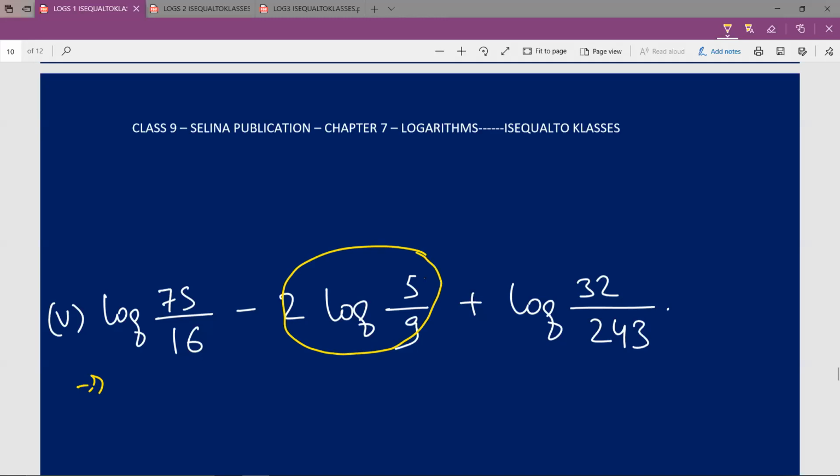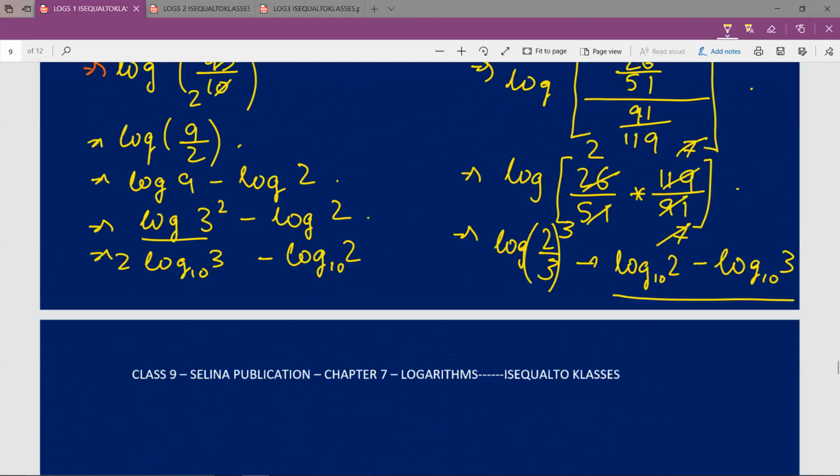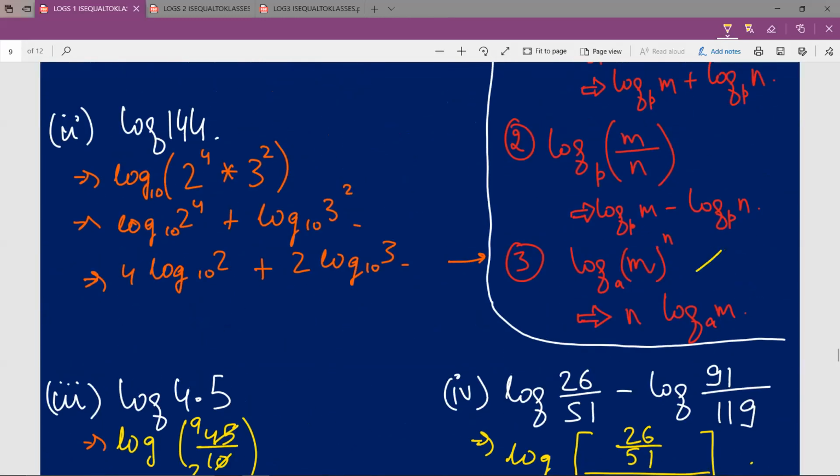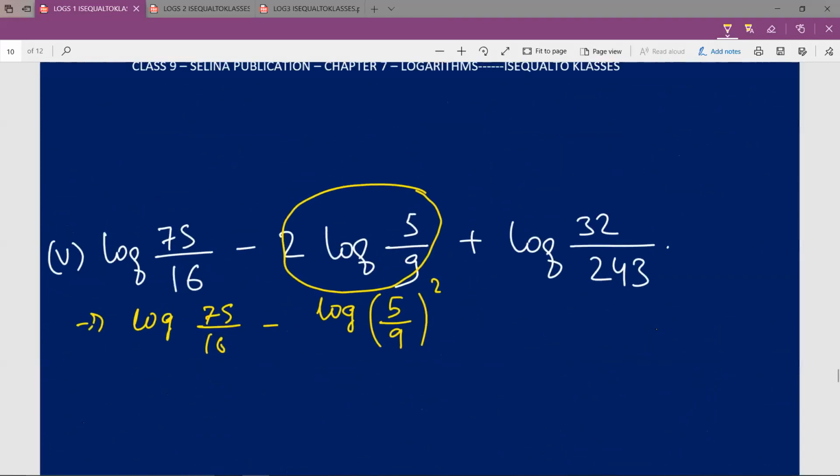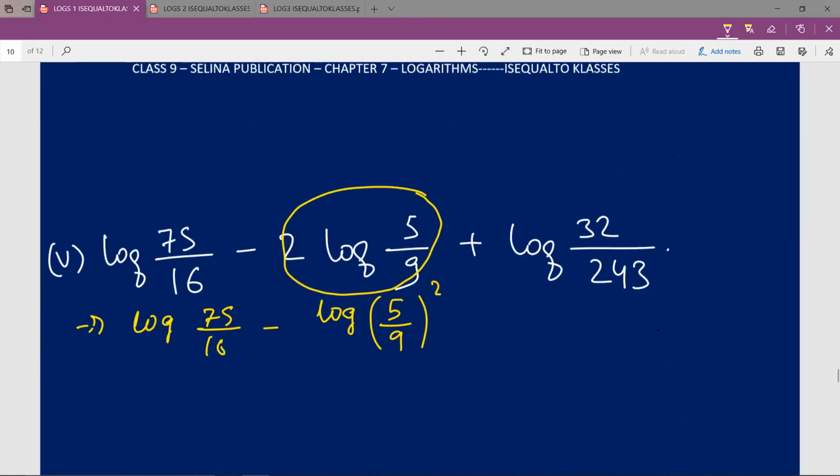Now over here, in the rest of the values, log of 75 upon 16 and log of 32 upon 243 don't cause much of a difference. But over here it is mentioned 2 log 5 upon 9. So 2 log 5 upon 9, I could write as minus log of 5 upon 9 whole square according to the third law, plus log of 32 divided by 243.